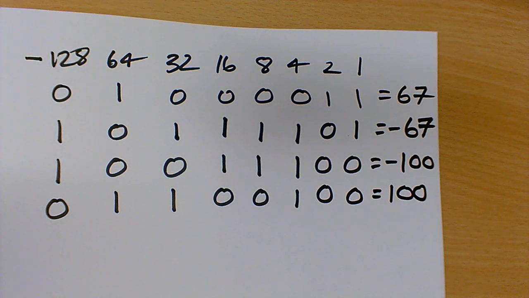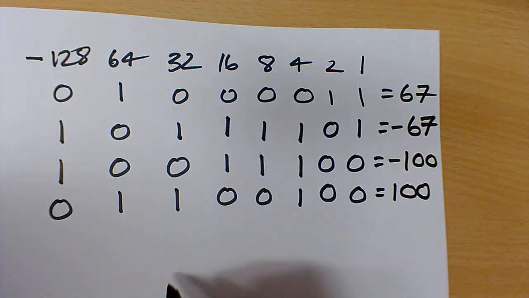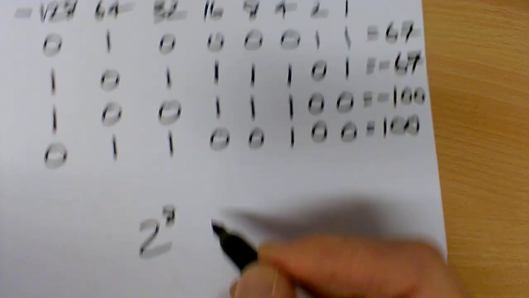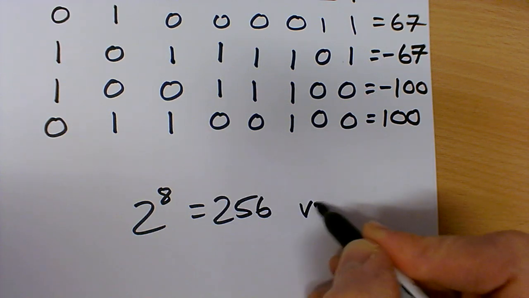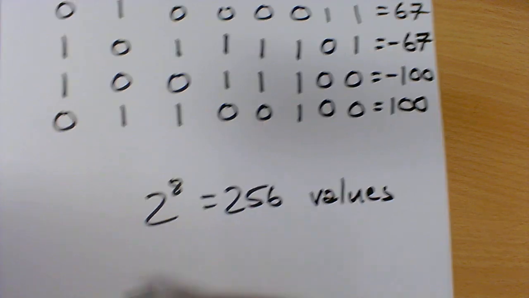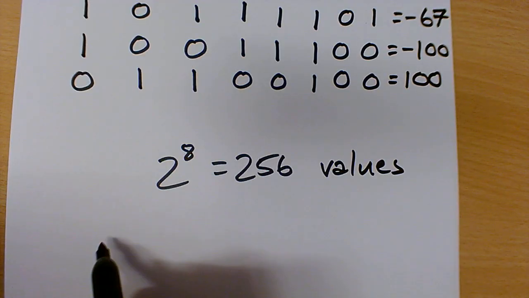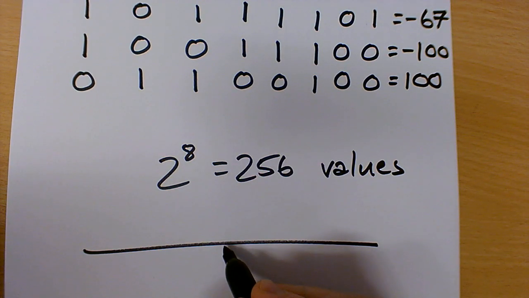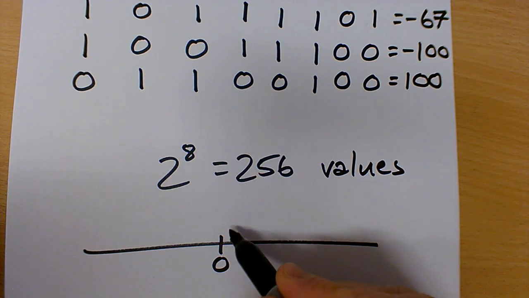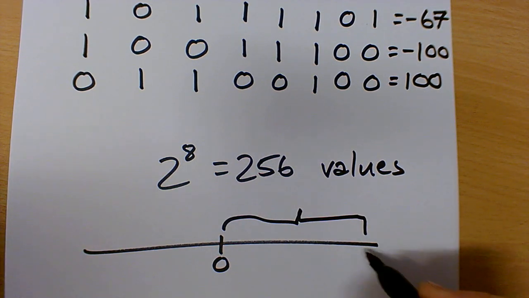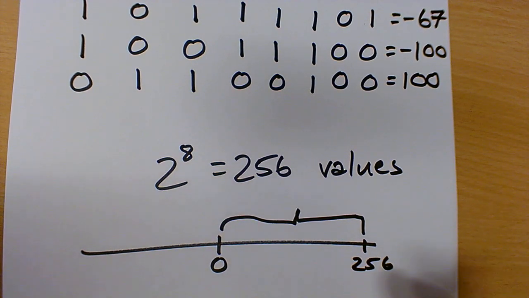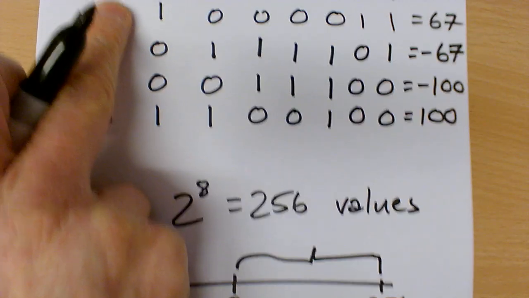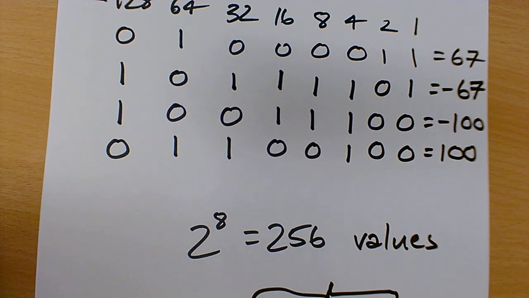So what's happened is we've still got the same as before. With 8 bits, I've still got 2 to the power of 8, which is 256 values. Exactly the same as before. But whereas before, if that's my number line, my values went from here up to here, now, by putting this negative in, I've basically just shifted them down the number line.